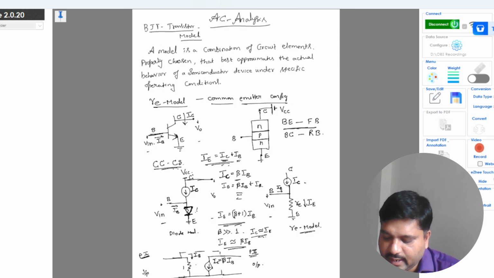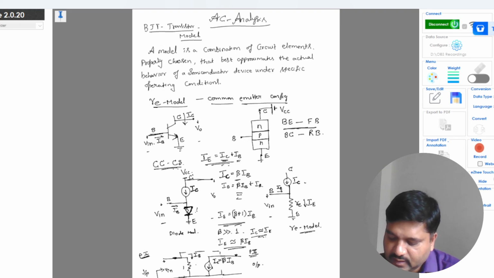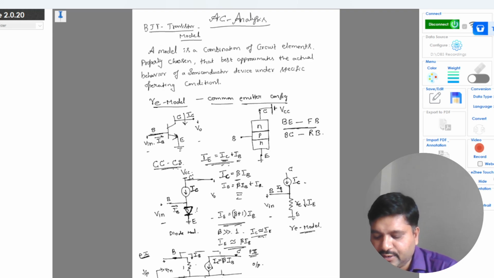Now to find the input impedance Zin, which is the impedance seen with respect to the input terminal Vin, given from base to reference. The terminals are the base terminal, collector terminal, and emitter terminal. The emitter is connected to ground here, so my input voltage is from base to reference, which is emitter.